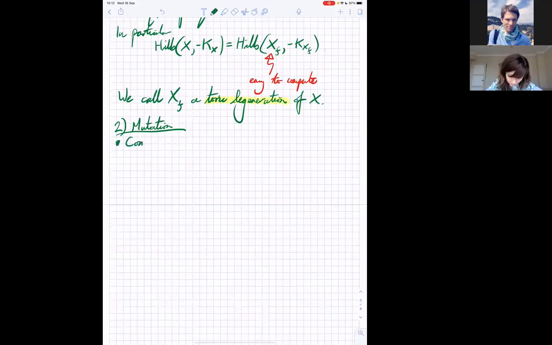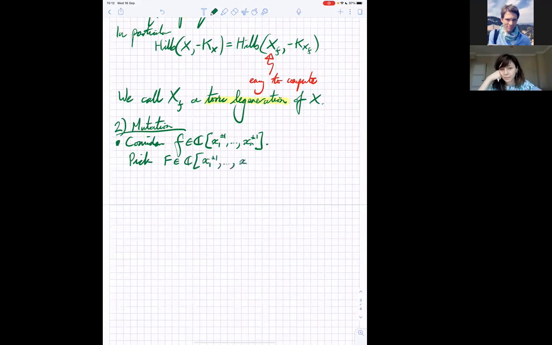So let's consider some Laurent polynomial in n variables. Okay, and I'm going to pick another Laurent polynomial in just one fewer variables, so it's in n-1 variables.